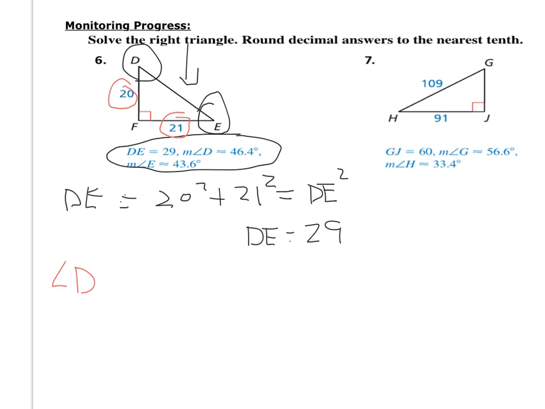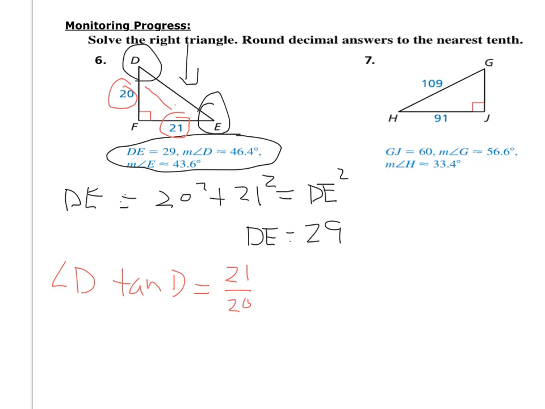How do those two legs relate to angle D? Isn't 21 the opposite leg, and 20 the adjacent leg? So that would be the tangent of angle D. The tangent of angle D is the opposite leg, which is 21, over the adjacent leg, which is 20.